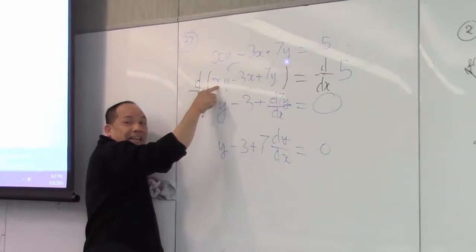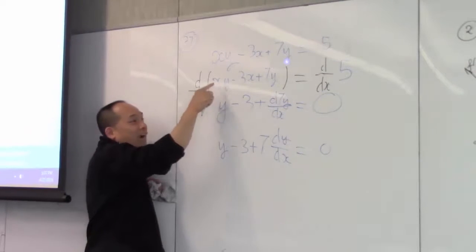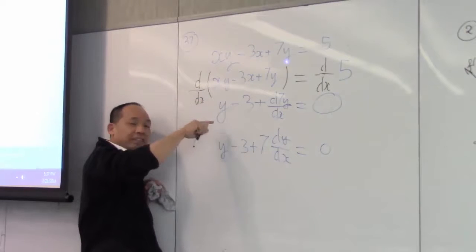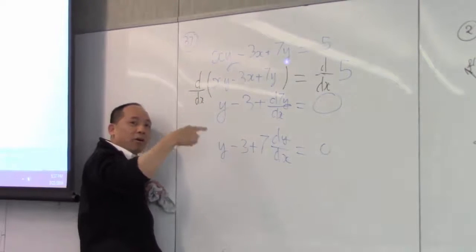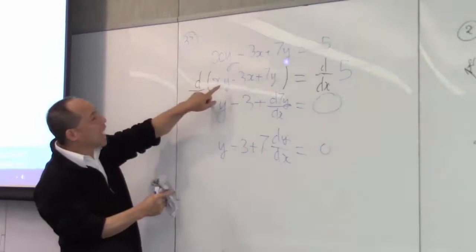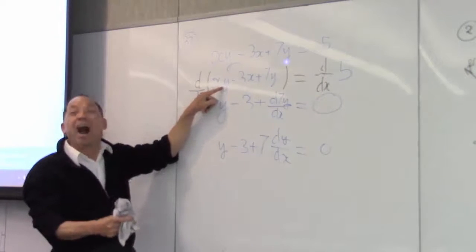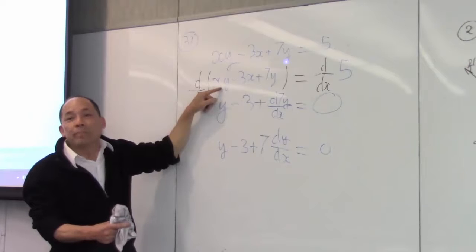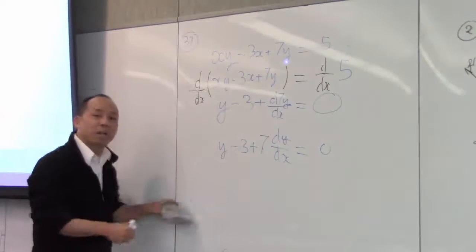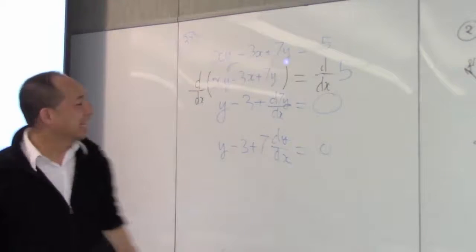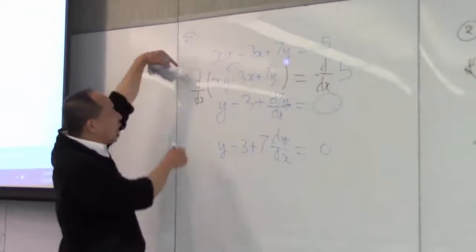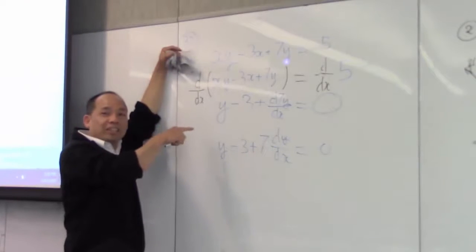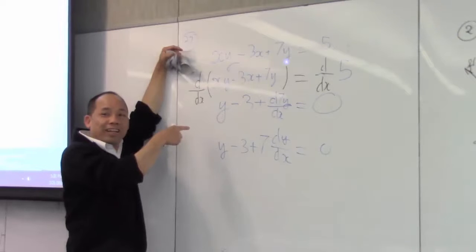Yes, that's the product rule. First I need to explain more, because y is not a real constant, right? It is a function. If it's a function, you need to use the product rule. First you consider it a constant, and after that we work it together.